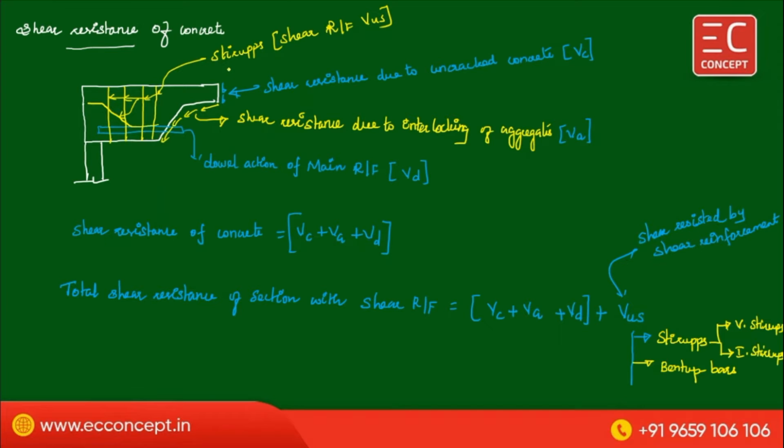Stirrups and bent up bars are called the shear reinforcement. Therefore the total shear resisted by a section is the shear resisted by concrete plus shear resisted by shear reinforcement.